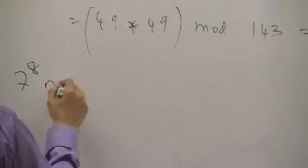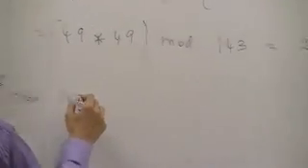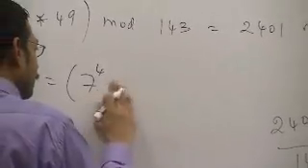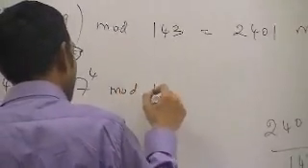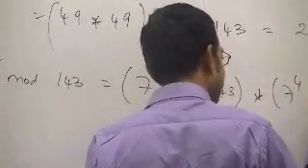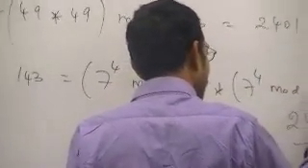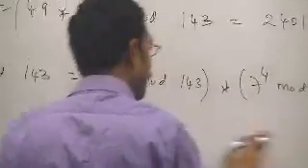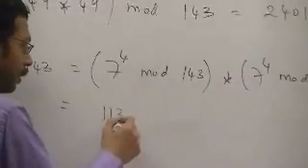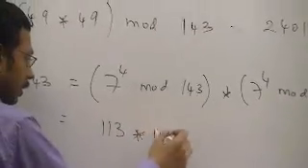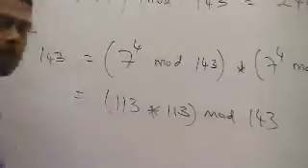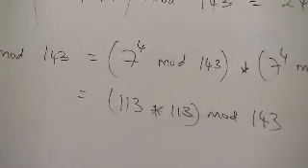So now, what is it that we're going to find? 7 raised to 8 mod 143. So that is 7 to the power 4 mod 143 times 7 to the power 4 mod 143. Now we know that 7 raised to 4 mod 143 is 113. I'm skipping the small intermediate steps. So this is 113 times 113 mod 143.